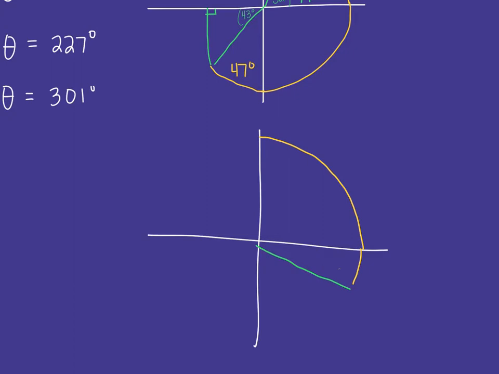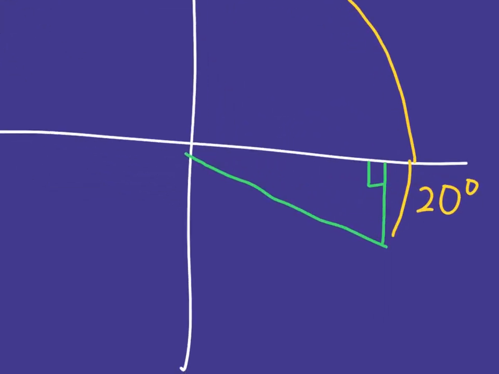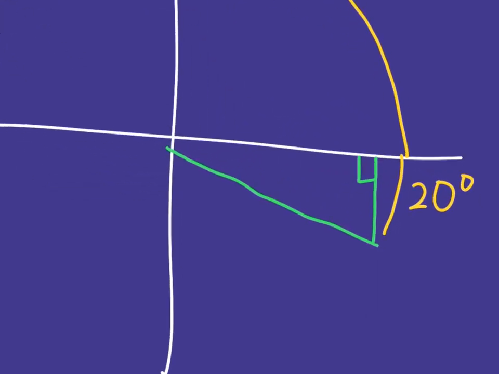I'm going to put my 20 out here. Okay, now I'm going to draw my reference triangle. Reference triangles go like this. Now in this case, the 20 is actually part of the reference triangle because the yellow and the green line up with each other. And so in the corner of the reference triangle, I also will put 20.